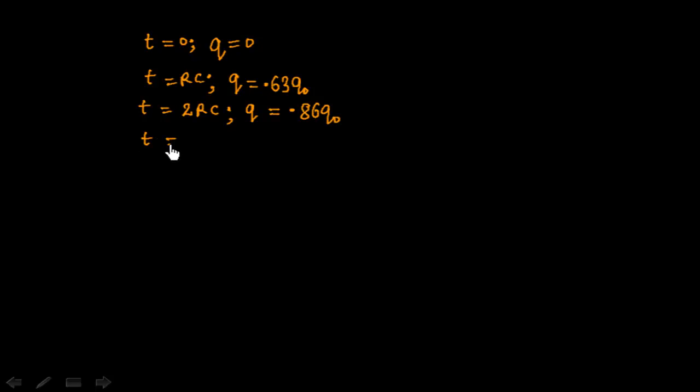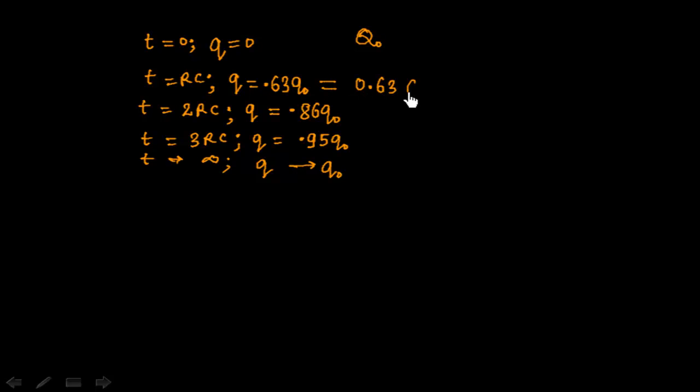T equals 3 RC, this is 95% charge, so 0.95 Q naught. And when T goes to infinity, Q goes to Q naught. Everywhere you have to plug in, Q naught is basically capital Q naught. If you wish you can write 0.63 times Q naught, this is 0.86 times capital Q naught, this is 0.95 times Q naught, and this is Q naught.